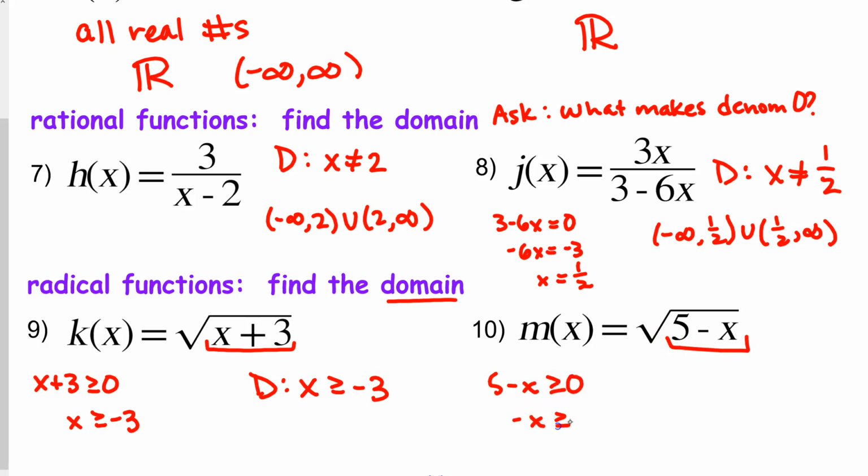Subtract 5 from both sides. And then when you divide by negative, don't forget you have to reverse the inequality. So x is less than or equal to 5. If you're doing it in your head instead of writing it out, your question is, first of all, what makes it 0? And then after that, figure out if you need to go above or below that number.